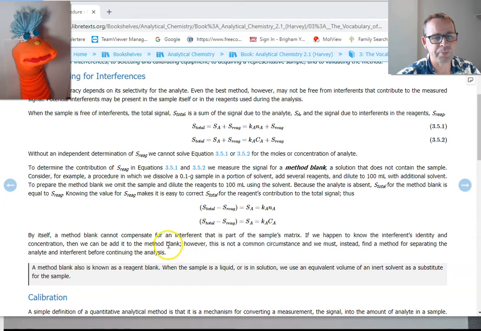So it doesn't necessarily mean that the blank is a perfect compensator for an interferent, but it can contribute to general low contributing interference, right?